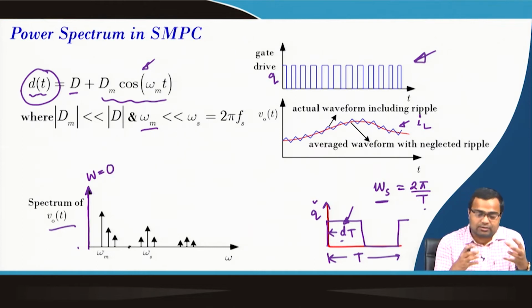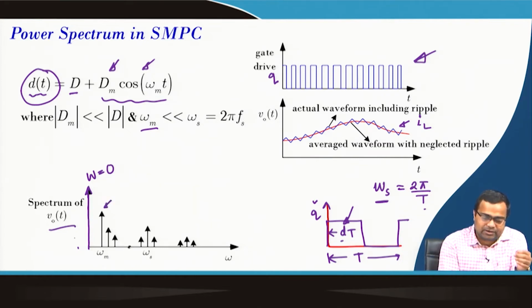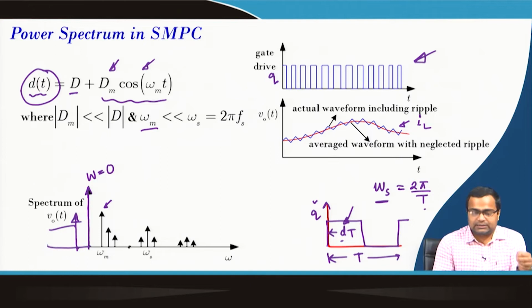Since we have also injected a sinusoidal excitation, it will have a side lobe at omega m. Similarly, we can draw omega minus omega m on the left side, but I am not drawing it. Then there will be twice omega m and so on. Side lobes are created because it is a frequency modulation.